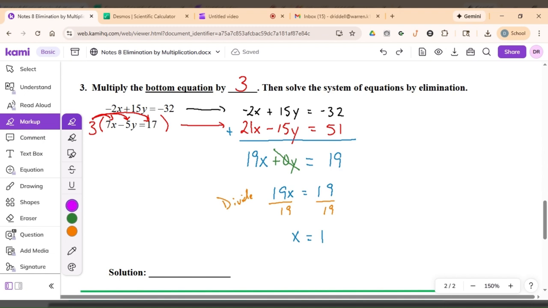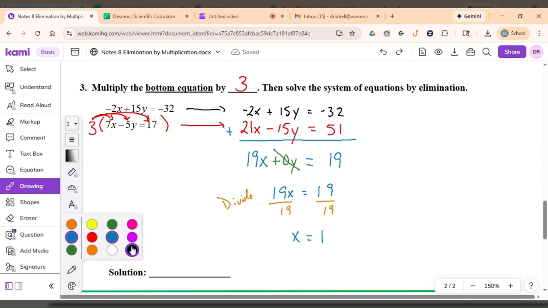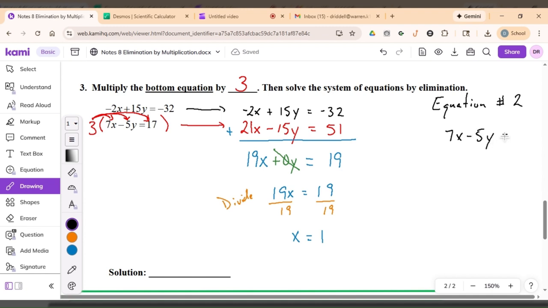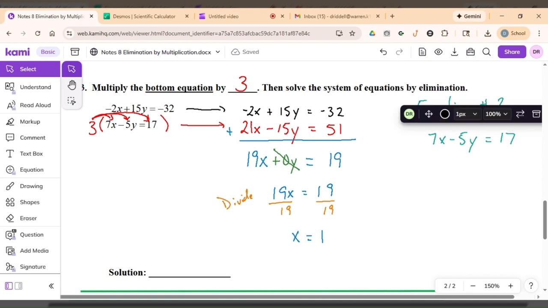Let's say we go with the second equation. It doesn't matter, but let's say we use the second equation. So I'm going to go ahead and write that one down, equation number 2, over here. We're going to rewrite it. The equation number 2 said 7x minus 5y equals 17. And we're going to substitute into this.